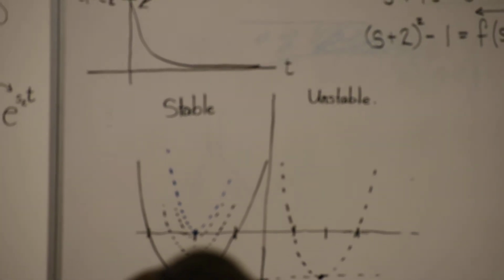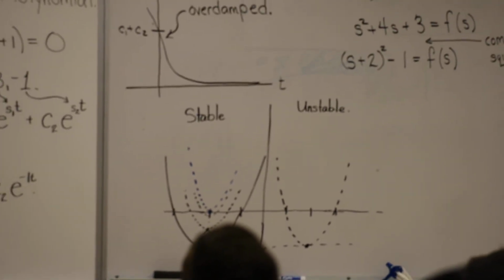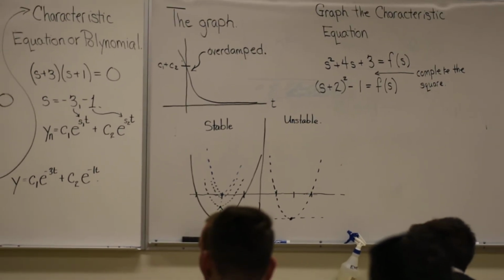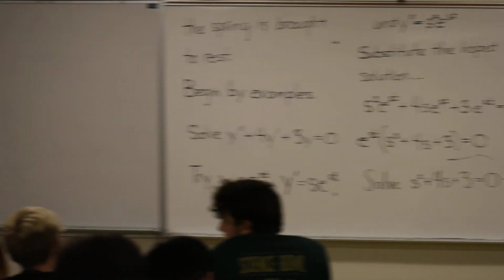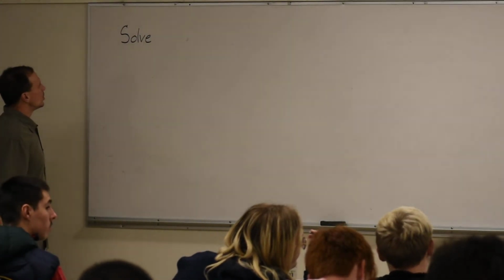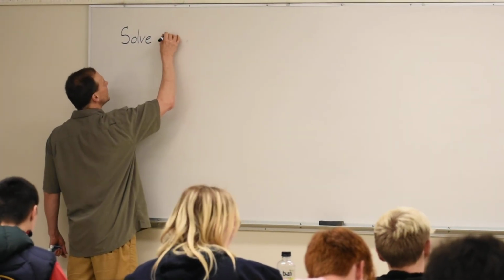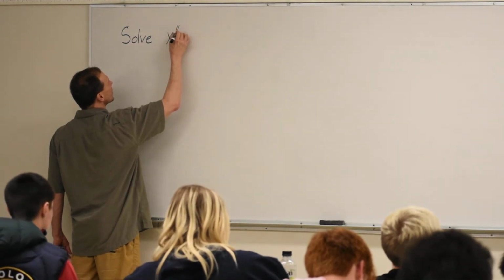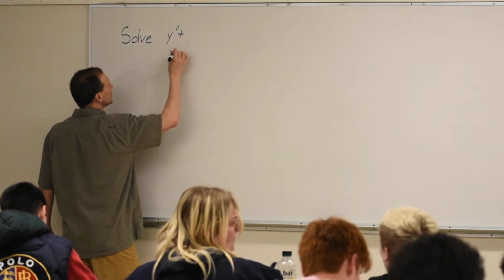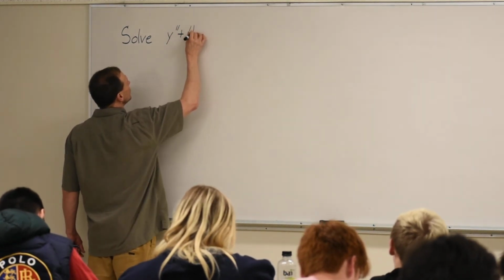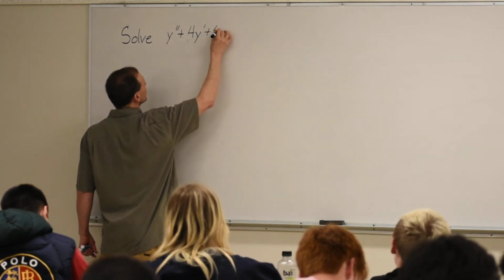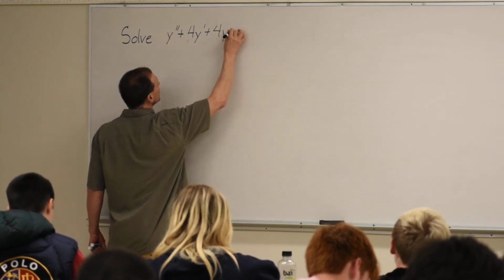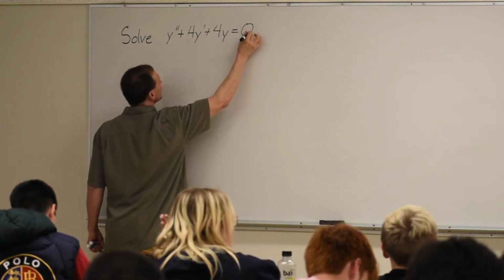We're going to solve y double prime plus 4y prime plus 4y equals 0.